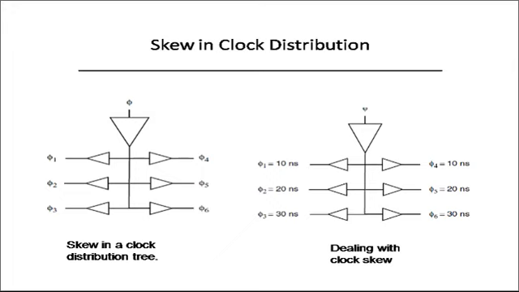You can see that there is a certain arrangement of a clock distribution, and if you see the distribution, you will come to know that for the first two flip-flops the delay is 10 nanosecond, for the second the delay is 20 nanosecond, and for the third the delay is 30 nanosecond. Quite obvious, this is the reason of the skew.